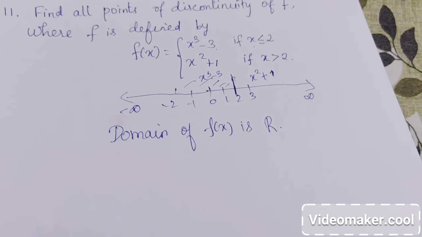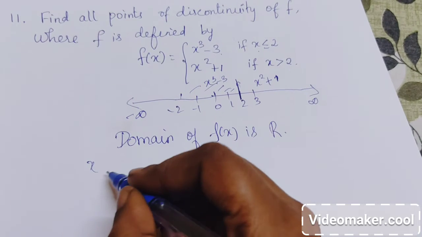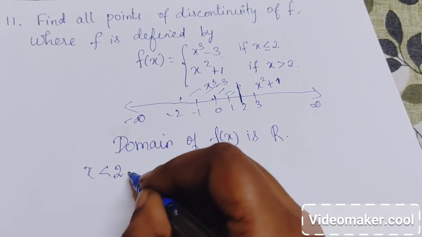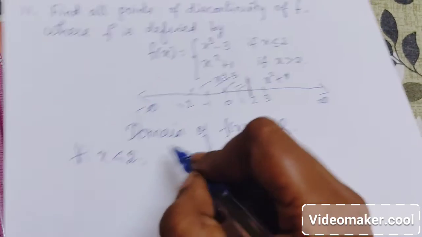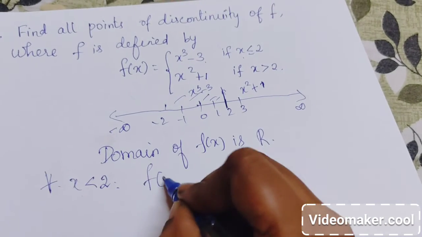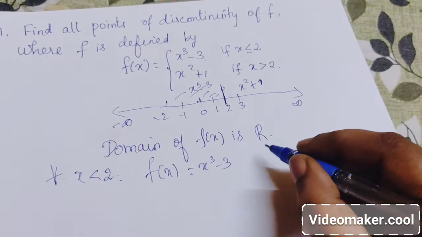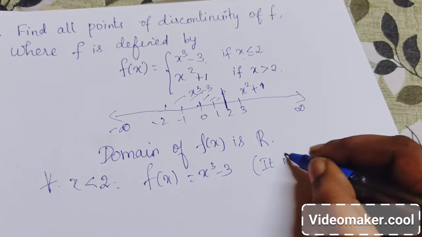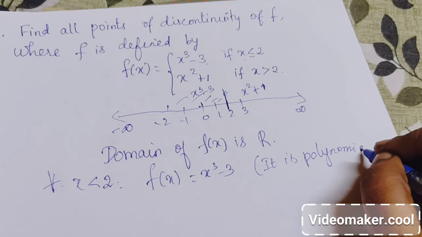Now we will check if we consider the value of x as less than 2. For all x less than 2, f of x will be x cube minus 3. It's a polynomial, which says the function is continuous.